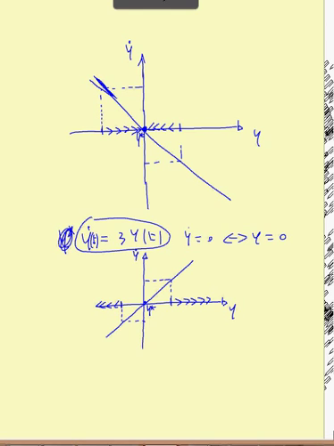It's easy to find the equilibrium solution. The equilibrium solution is the solution which gives speed equal to 0. In order to have speed equal to 0, the right hand side, a y plus b, must be equal to 0. And this is true if y is equal to minus b over a, which becomes our equilibrium solution.